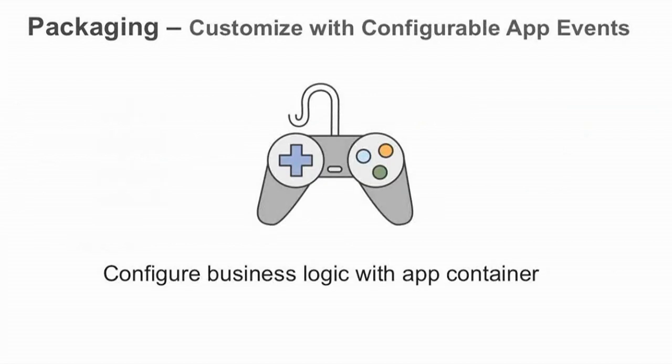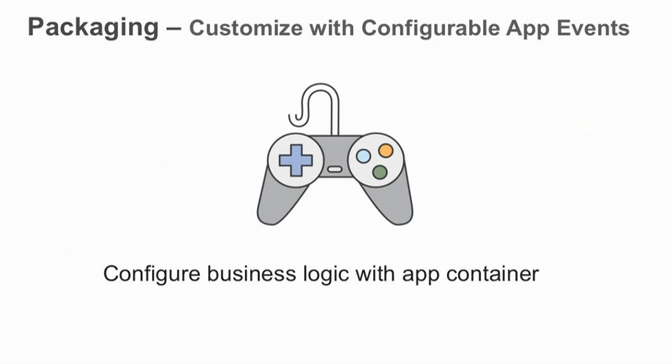One of the questions we get around packaging is how would it be possible to, say, activate an app against a licensed server? This is supported through a feature called Configurable App Events.